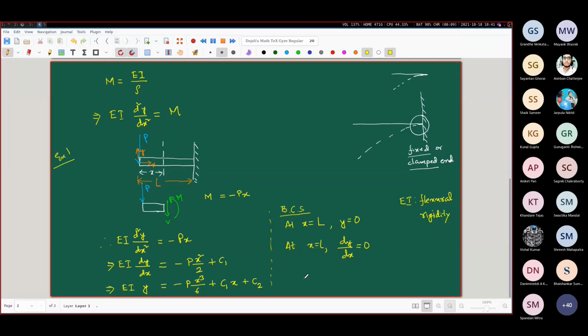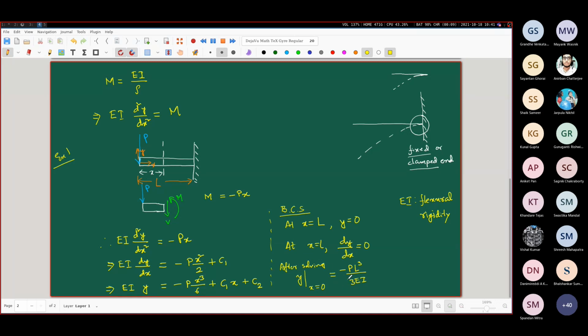After solving, you will find that at x equal to 0, this is PL cube by 3EI with a minus sign. So the magnitude of the greatest deflection will come out as PL cube by 3EI.